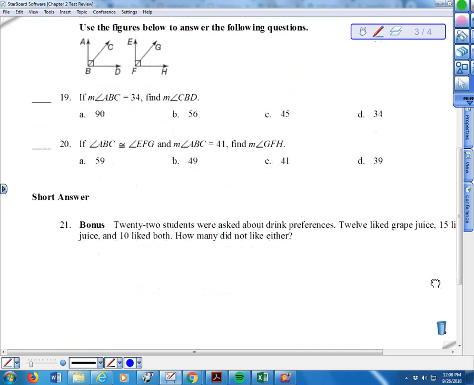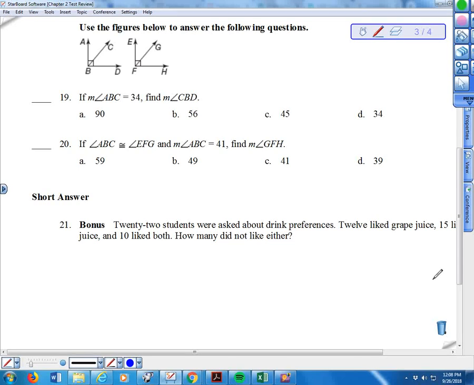Use the figures below to answer the following questions. If ABC is 34, find CBD. Because it's a 90-degree angle, right angle, so just subtract from 90.